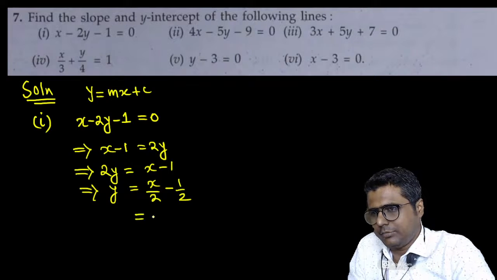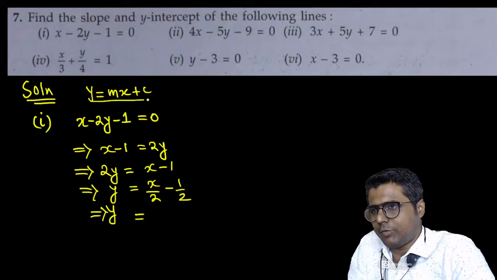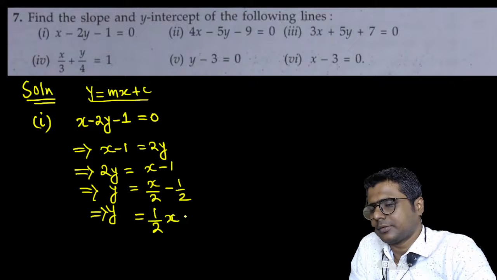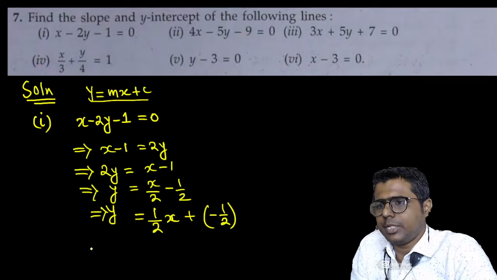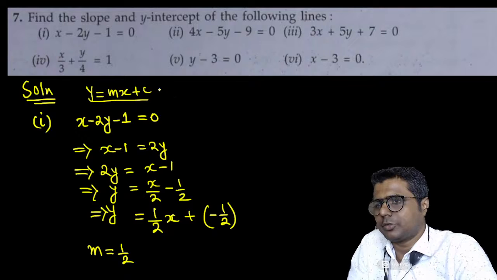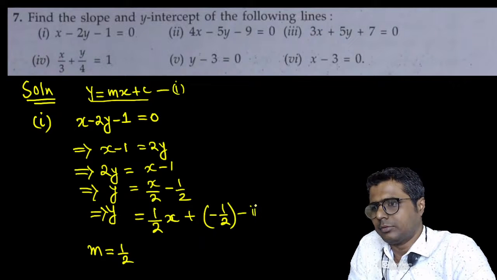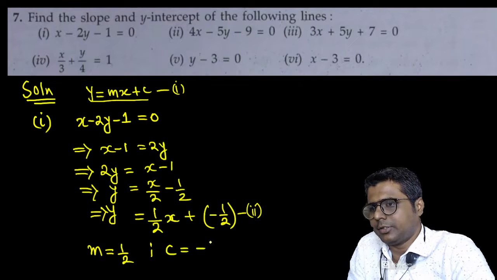So here if you see, I can write this equation of the line exactly in the form of this. How? Half into x plus minus half. So from here I can easily find out the slope is half, because if you compare equation 1 and equation 2, you can write the slope is half and the y-intercept, which is c, is equal to minus half.